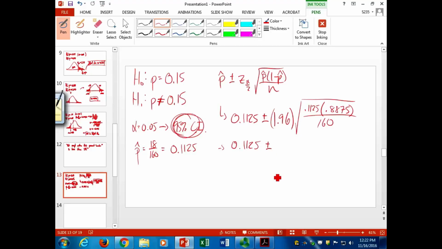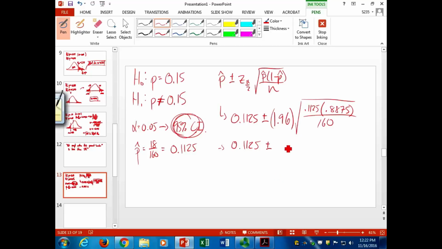What do you come up with for that margin of error if you try that out? 0.1125, 0.8875, divide by 160, take the square root of that, multiply that by 1.96. I get 0.049 basically.